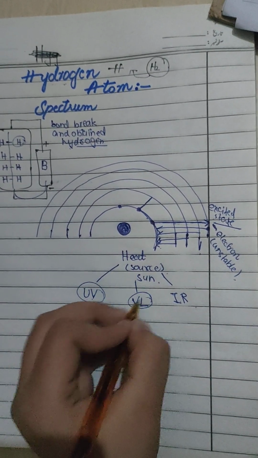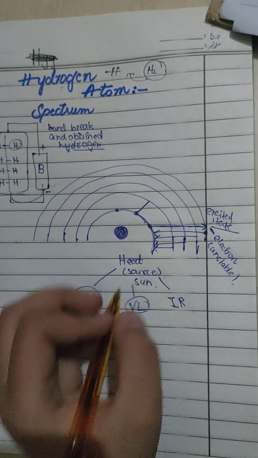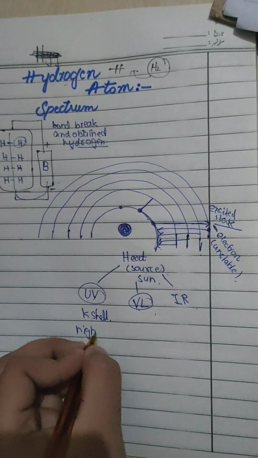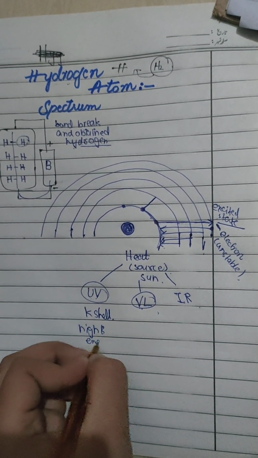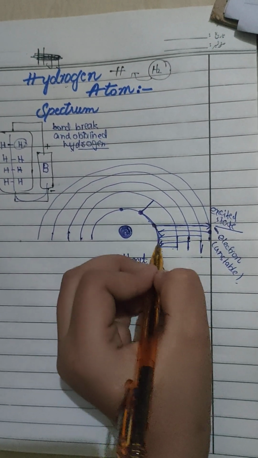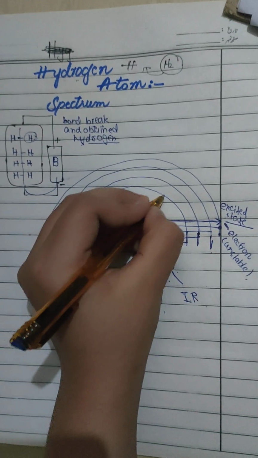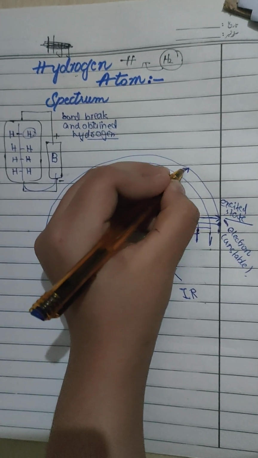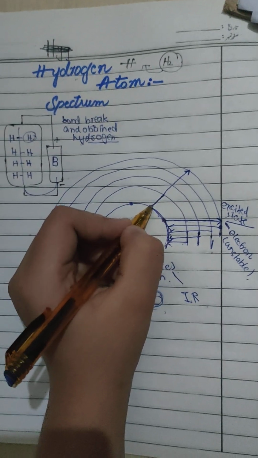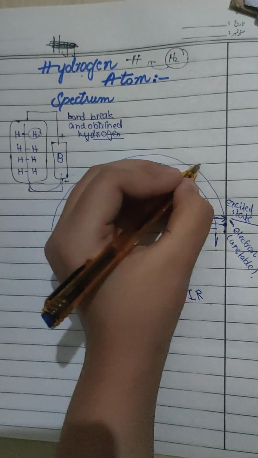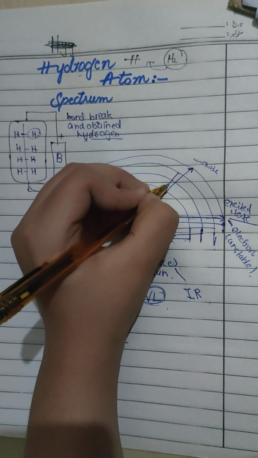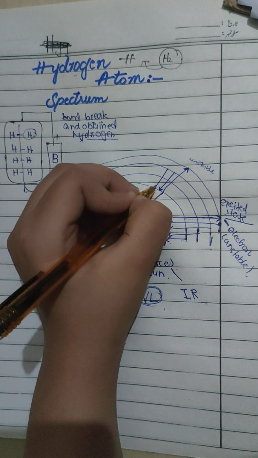After that, when we give visible light, okay, so UV has high energy, so that's why the electron comes down to be stable at the K shell. Now when we give visible light to the electron, it will come down because the electrons are unstable.